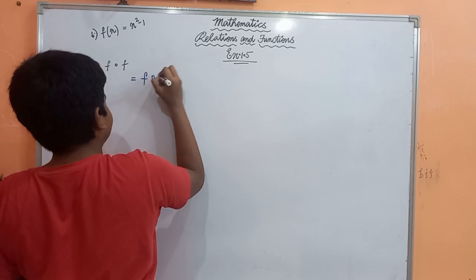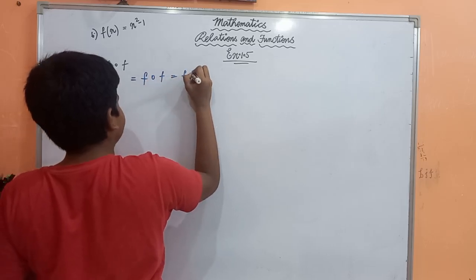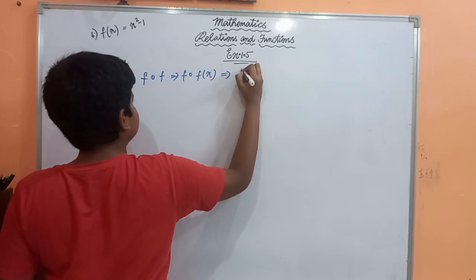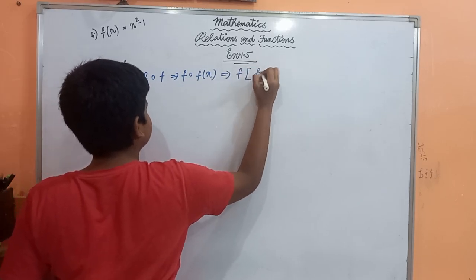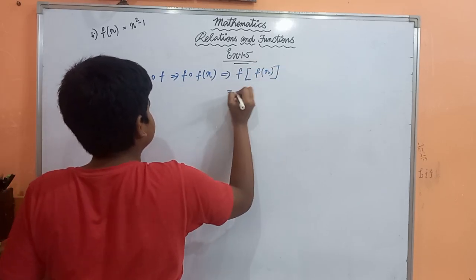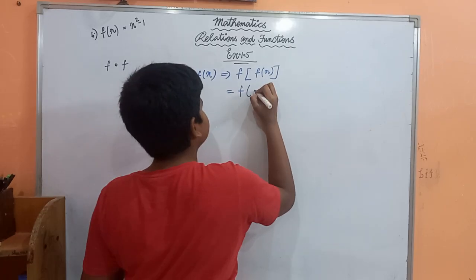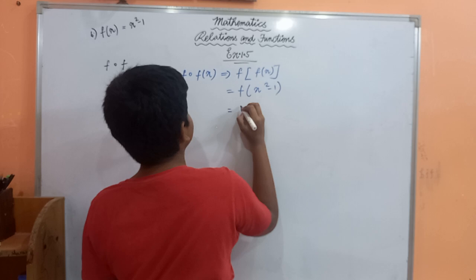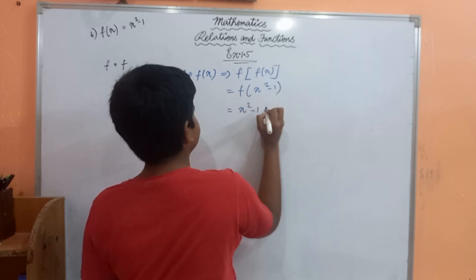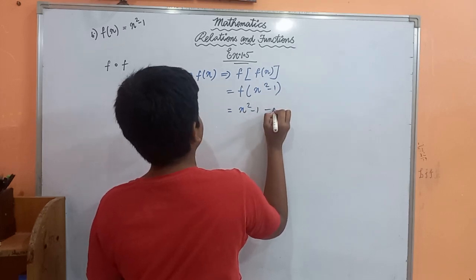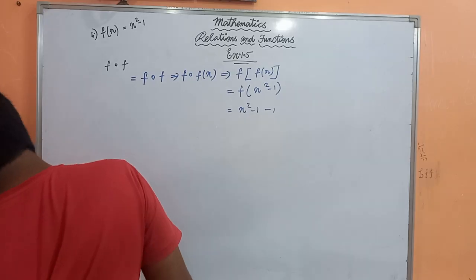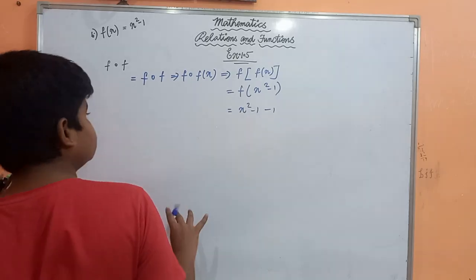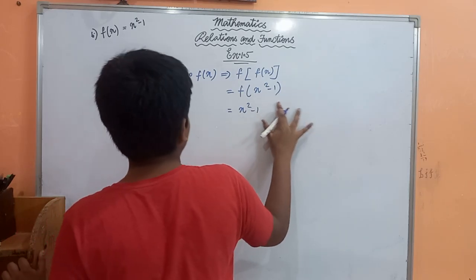So f∘f is equal to f of f of x. So f is equal to x squared minus 1, and substitute again: (x squared minus 1) squared minus 1. Oh, this is square.